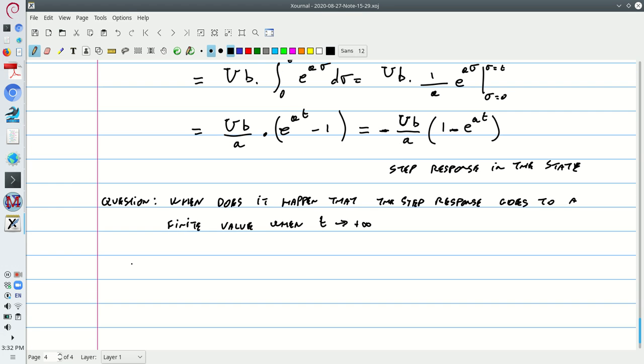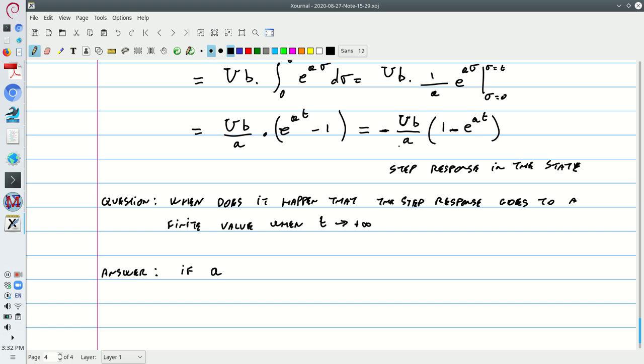And the answer is simple. If A is positive, then this exponential diverges, and so this definitely does not go to a finite value.